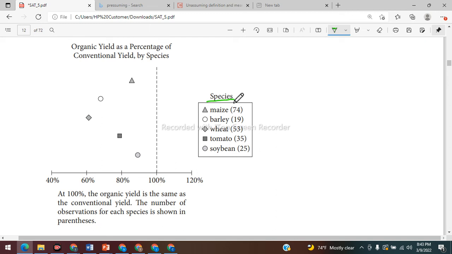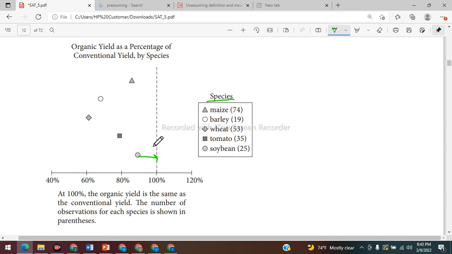Which crop, when we plant it, would be closest? Soybean, because soybean is closer to the 100.